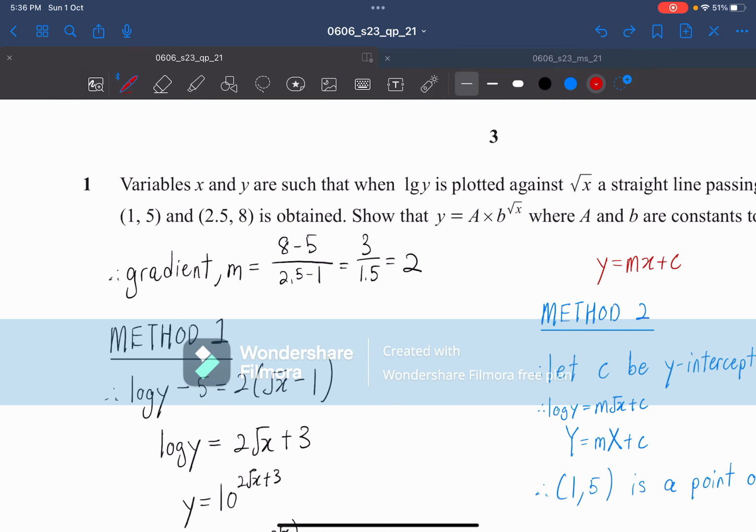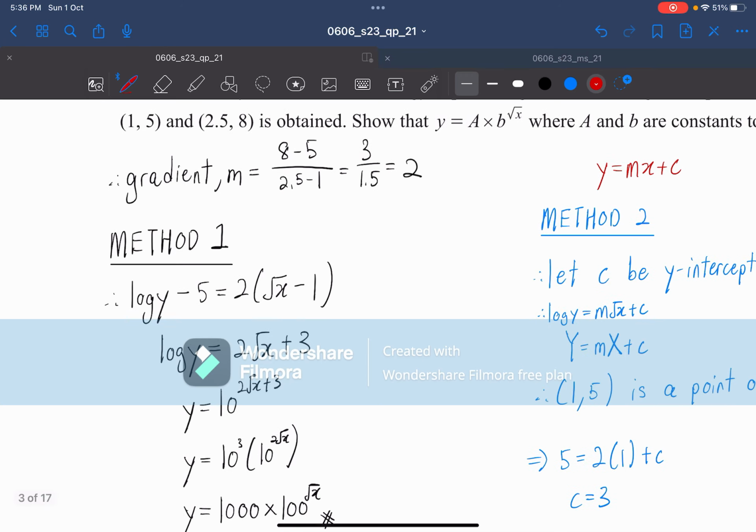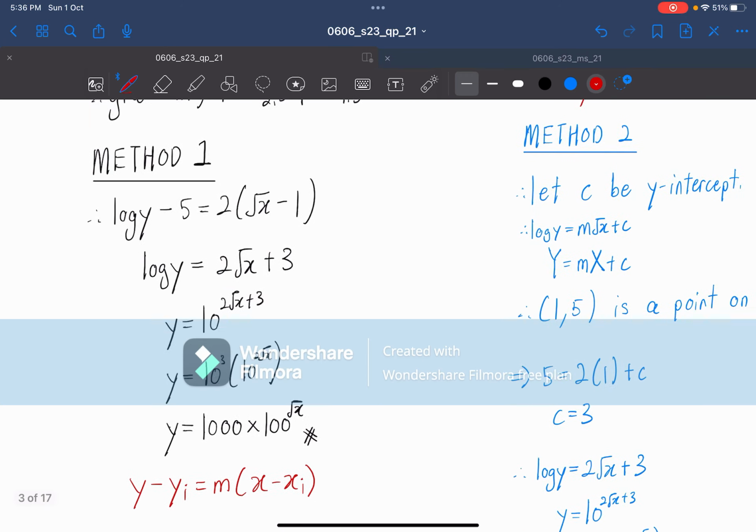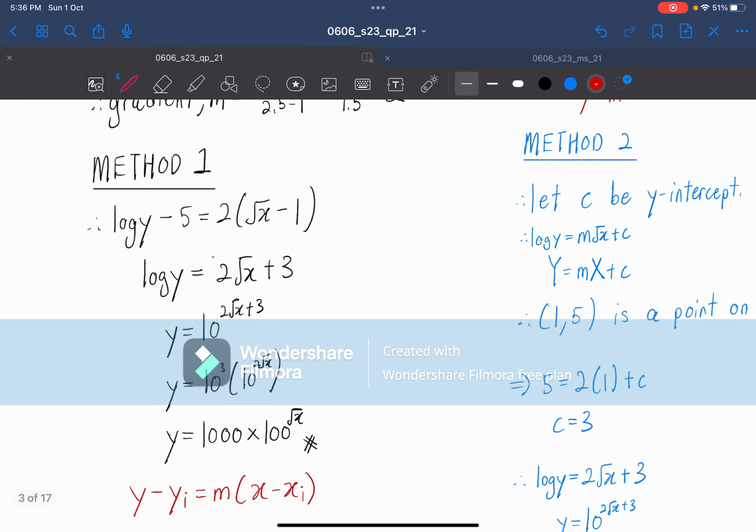So yeah, since this has already been linearized to log y against root x, we can just straight away write log y minus 5 equals 2 times root x minus 1, instead of writing y, because it has already been linearized into log y. So we can just straight away write log y to get the equation of the straight line, which is going to be in this form.